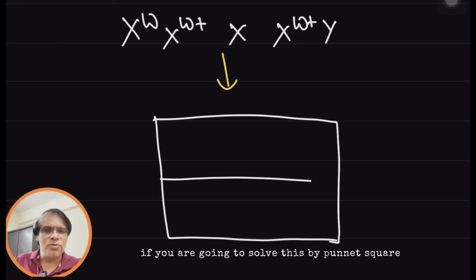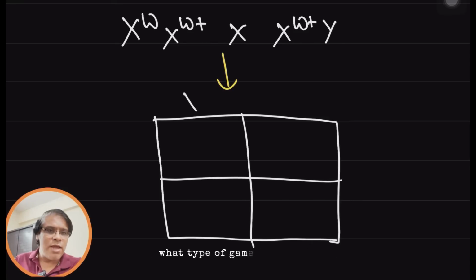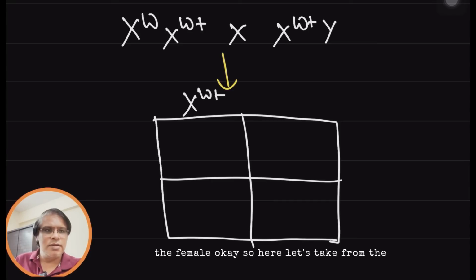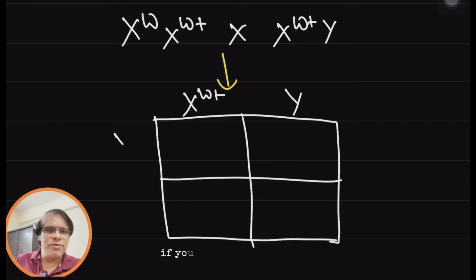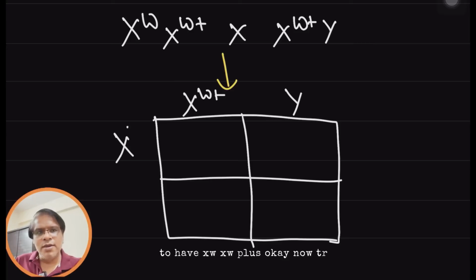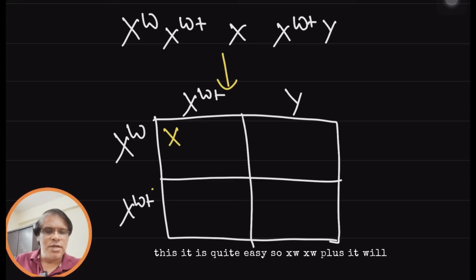If you are going to solve this by Punnett square, what type of gametes will be produced by the female? Let's take from the male first, X^W+, then Y, and from the female you are going to have X^W+ and X^W. Now try to solve this, it is quite easy.